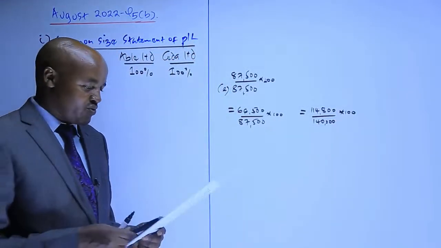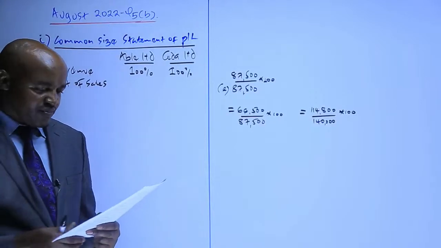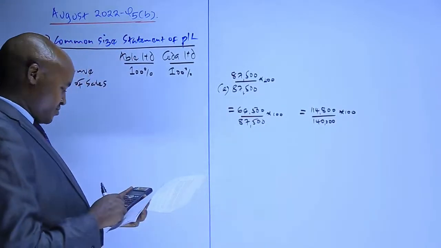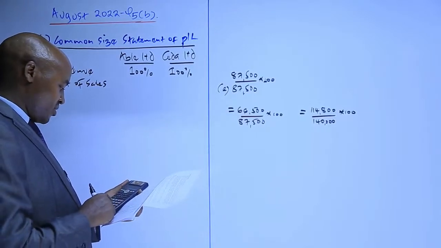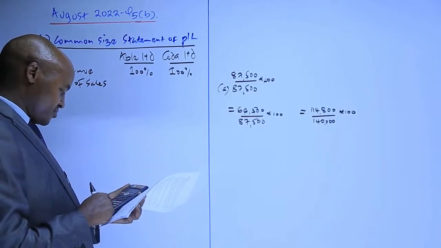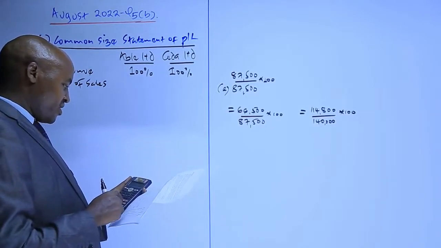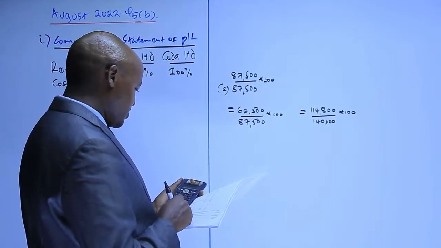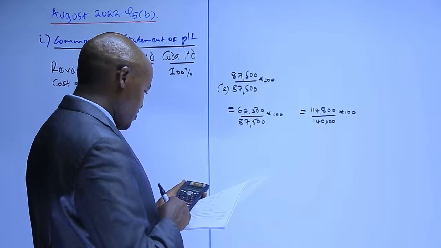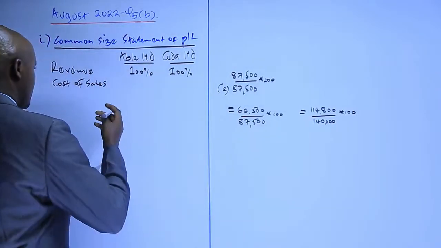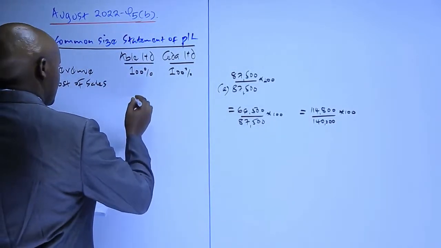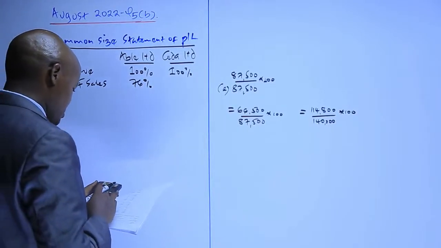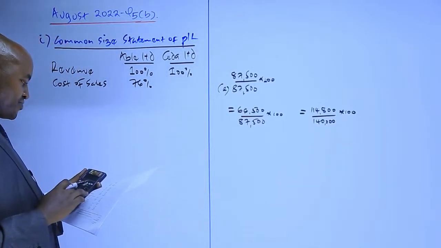We have 66,500 divided by 87,500 times 100. That will give us 76%. What about the other company?